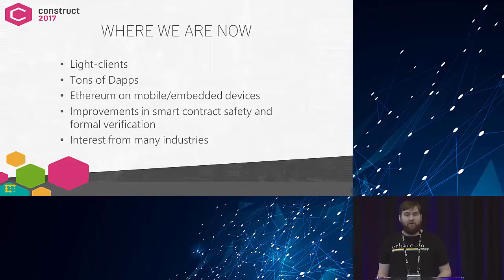So right now, what do we have going on? We have light clients that are very efficient. There is a lot of mobile dApp development and embedded dApp development going on. For instance, status.im is a mobile Android Ethereum app on which you can pretty much run any Ethereum dApp that runs on a website.